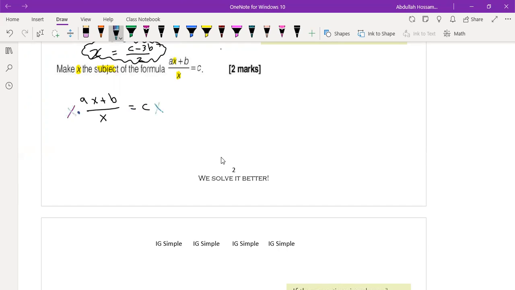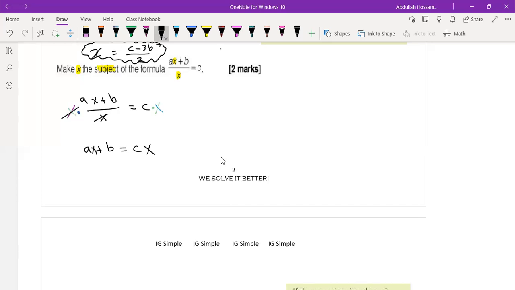Then there are no fractions here. ax plus b equals cx. So the first step, clear the fractions. I did it. I now have ax plus b equals cx.